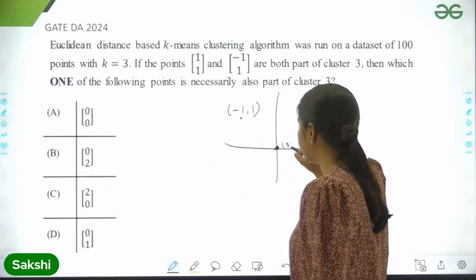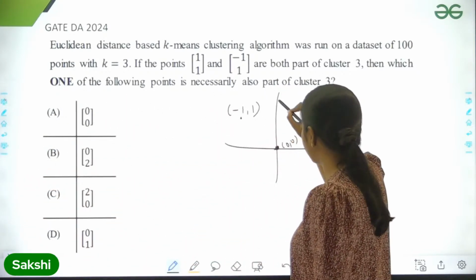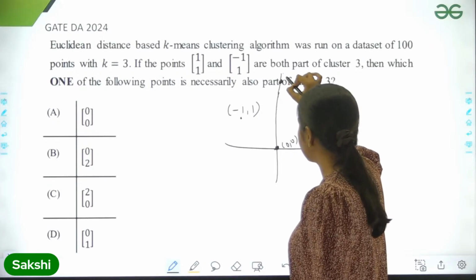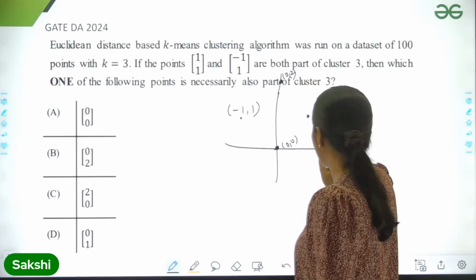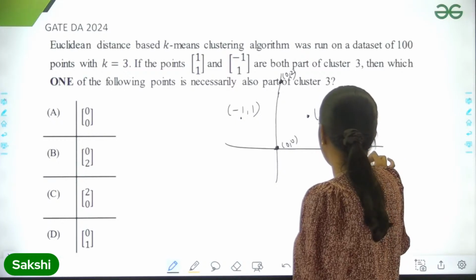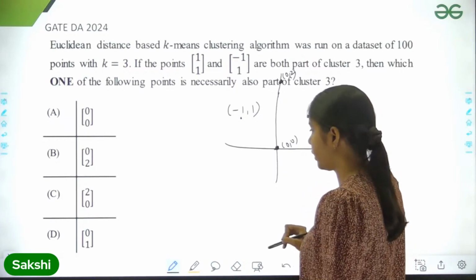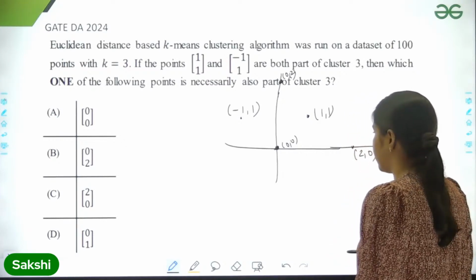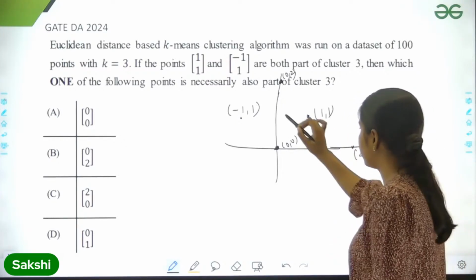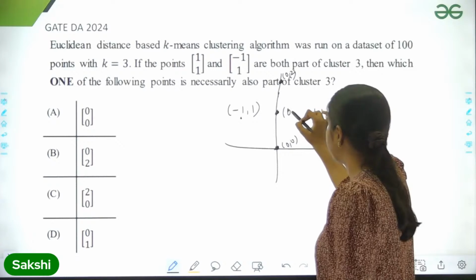This is 0 comma 0, and 0 comma 2 is here. And 2 comma 0 is somewhat here. And 0 comma 1, x is 0, y is 1, so 0 comma 1 is here.